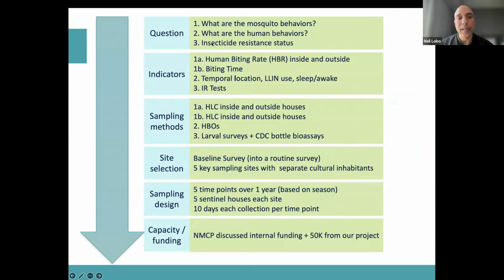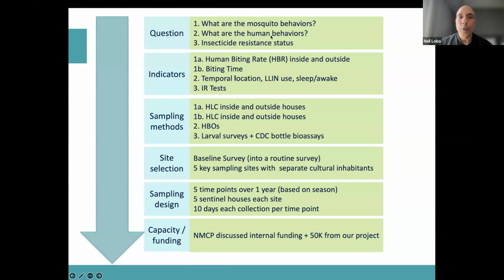And we also want to look at insecticide resistance status, because that's how we'd understand if bed nets were going to be useful. We'd map the human behaviors to the mosquito behaviors. For the mosquito behaviors, we had two indicators. We'd want to look at the human biting rate inside and outside houses, and we'd also look at what time they were biting. Those are the two indicators we'd use.